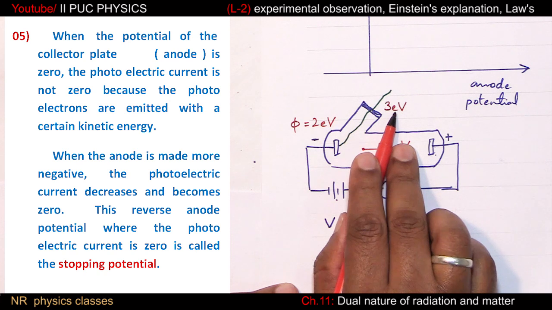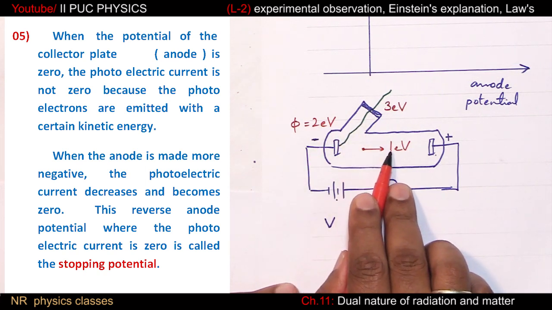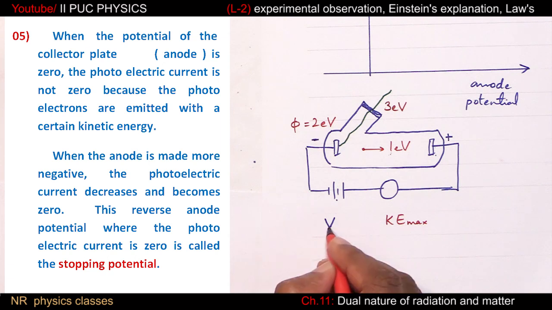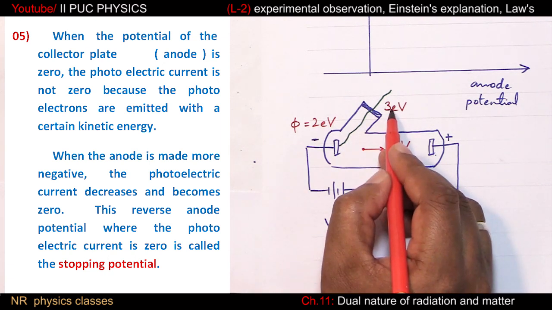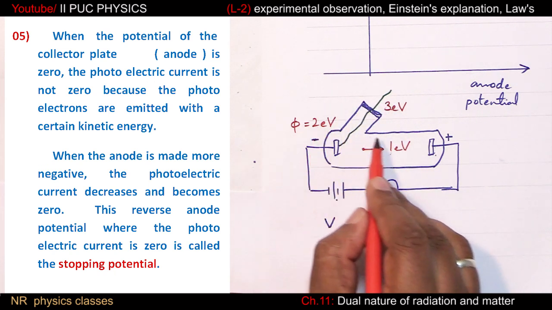Supplied is 3, required is 2, remaining is 1. So this is kinetic energy maximum. If applied voltage is 0, incident is 3 eV, required is 2 eV, kinetic energy is 1 eV.